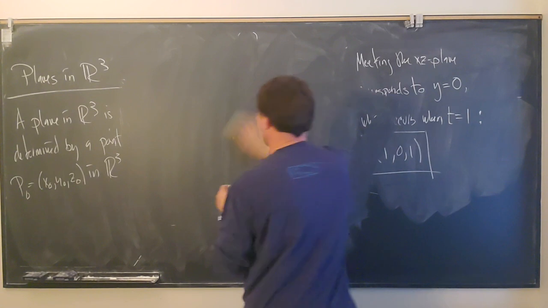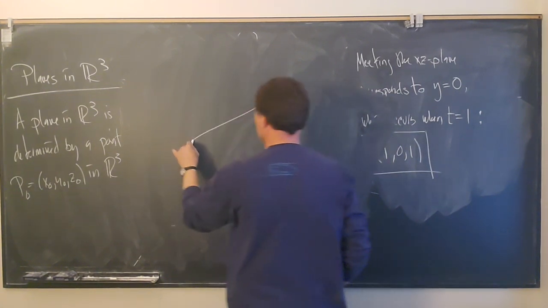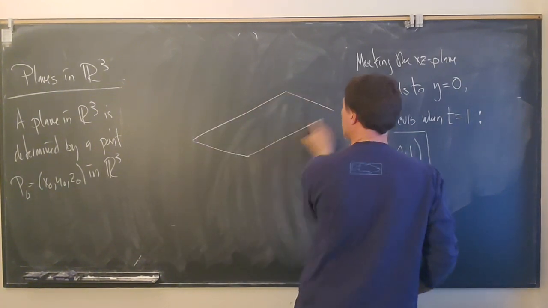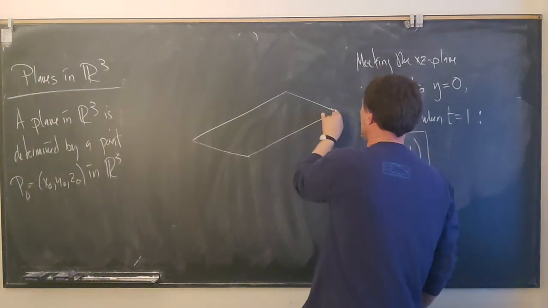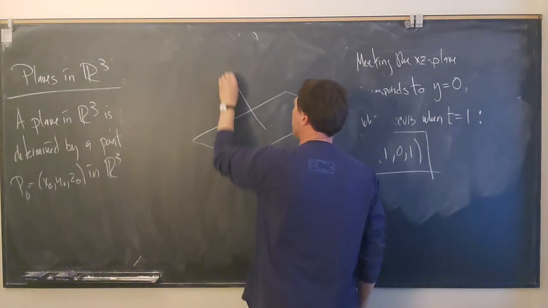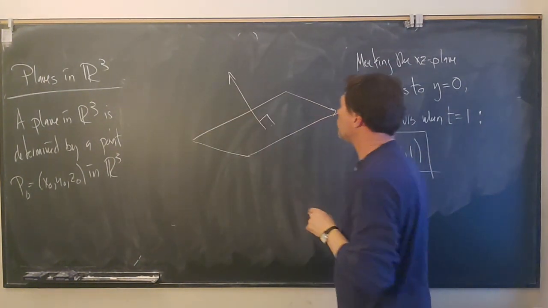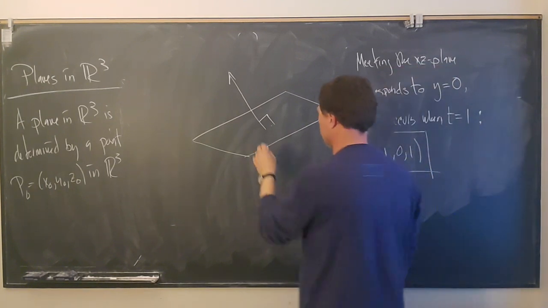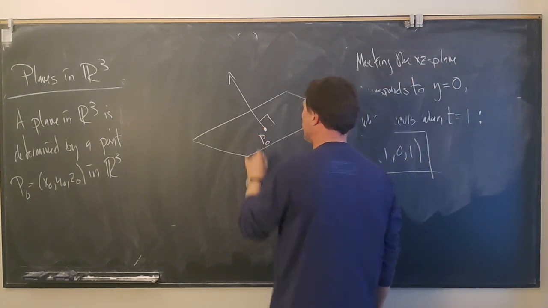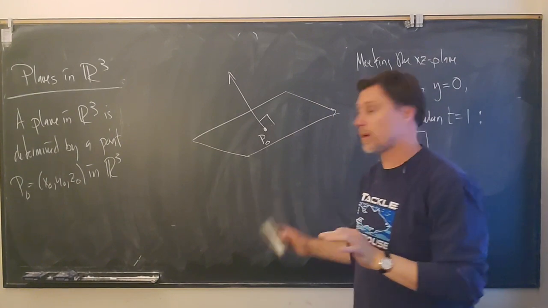Okay, so let me sort of try to draw this picture here. So here is our plane. And so if I say I am thinking of the vector that's orthogonal to every vector inside the plane and specify a point P0, that completely determines my plane.